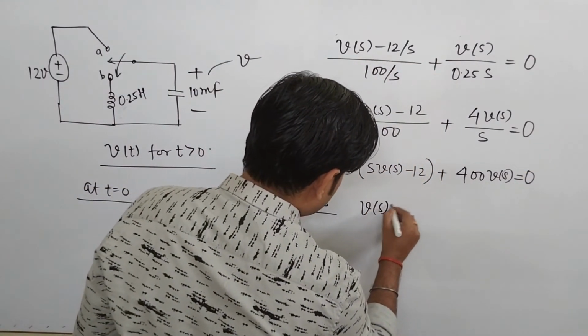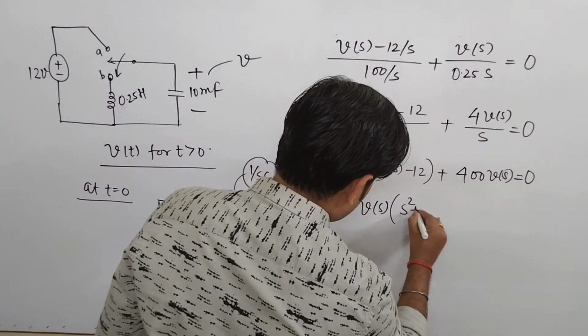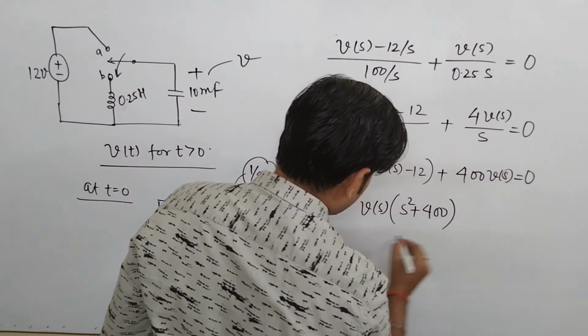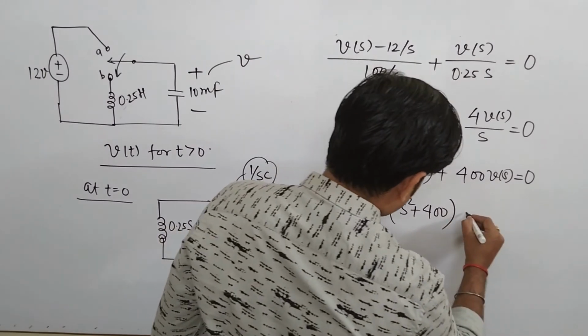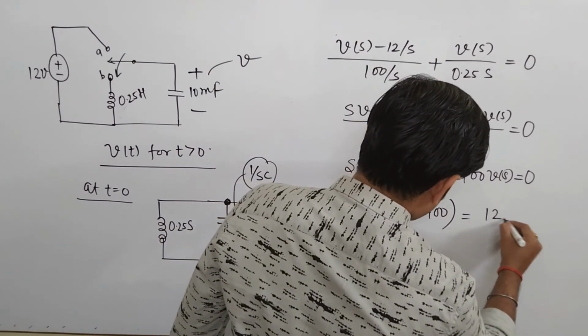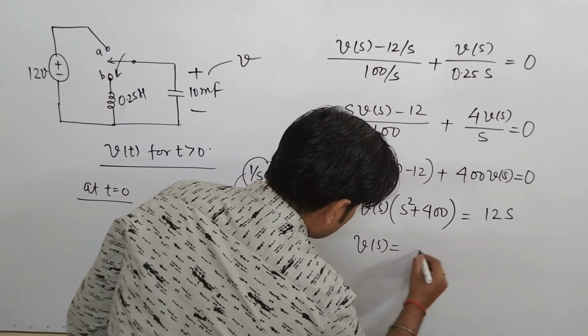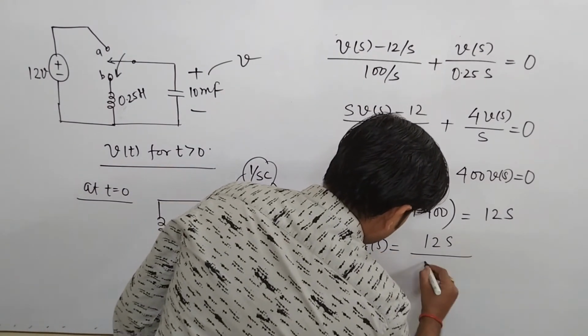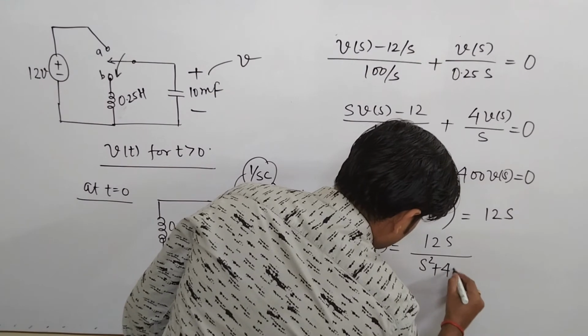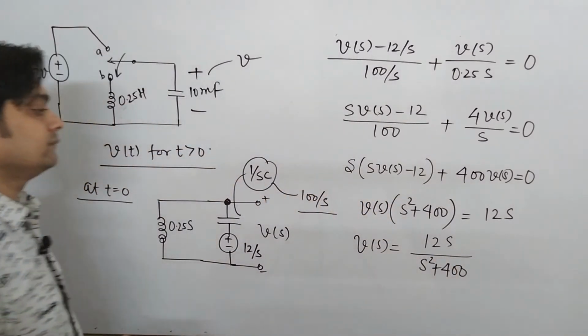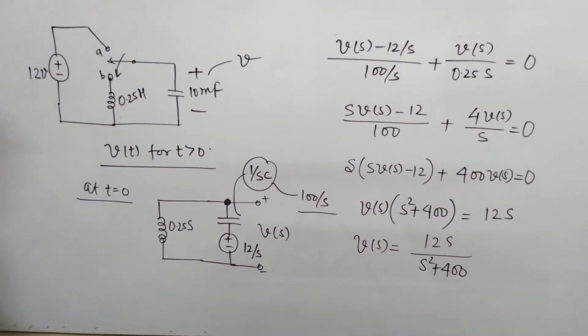Take Vs as common, so that comes to be (s square plus 400) Vs equal to 12s. From here, the value of Vs comes to be 12s upon s square plus 400. This is the value of Vs.